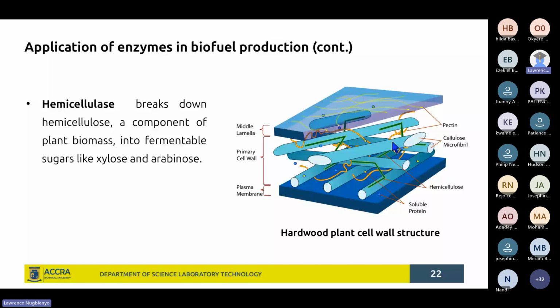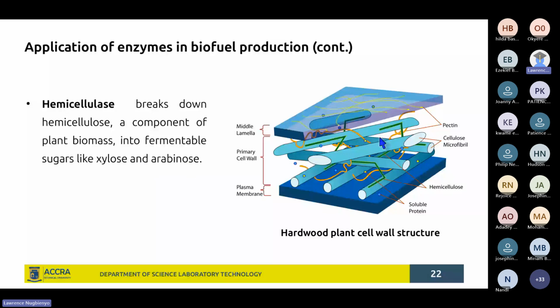Now, in that production of biofuels, hemicellulase is used for the breakdown of hemicellulose, which is, as you can see, a major component of the plant biomass. When it's broken down into simple sugars, they become fermentable. Hemicellulose is broken down into simple sugars like xylose and arabinose, and those can then go into the fermentation process.